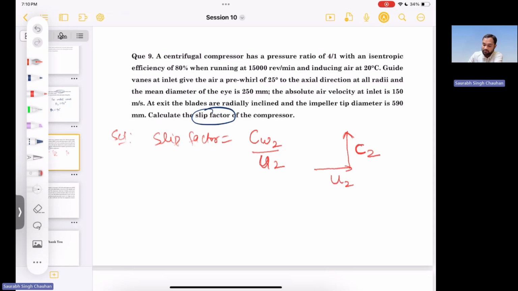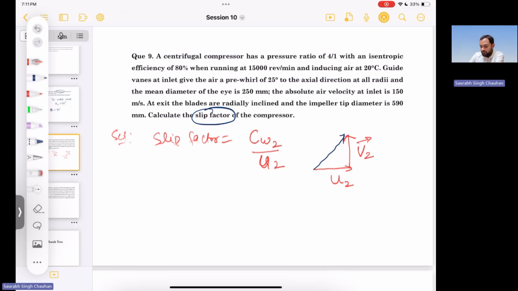So now we can see it is coming out radially. If it is coming out radially, this means that the relative velocity is radially outward. Then the absolute velocity will be this.